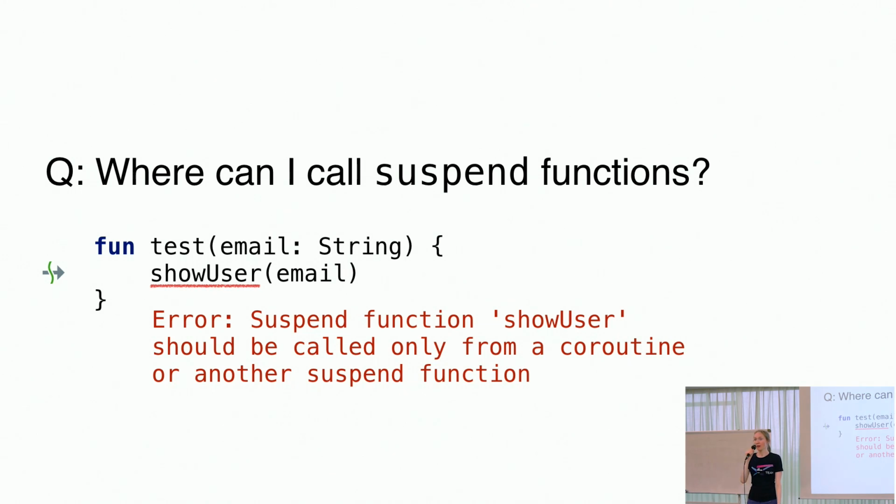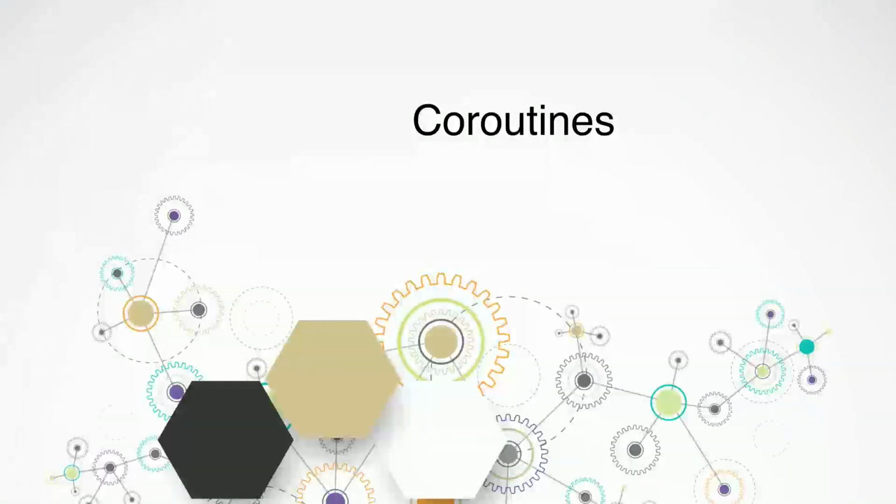And now appears this concept of a coroutine. A coroutine is a computation that can be suspended, a place where you can call suspend functions. Now let's discuss what a coroutine is.